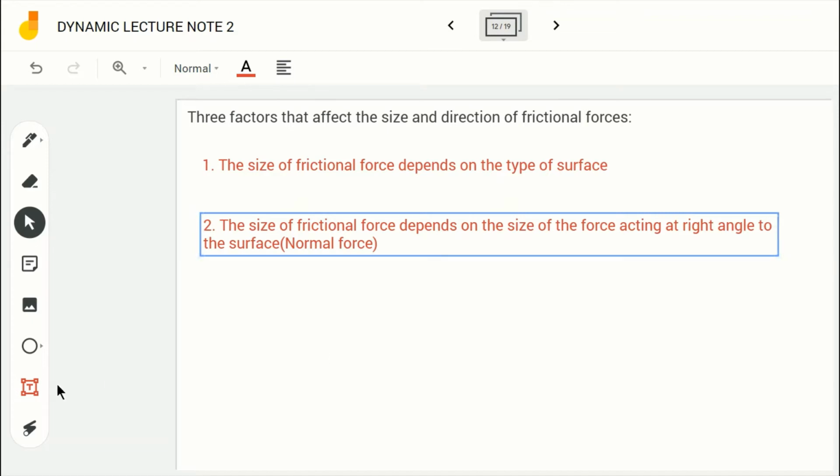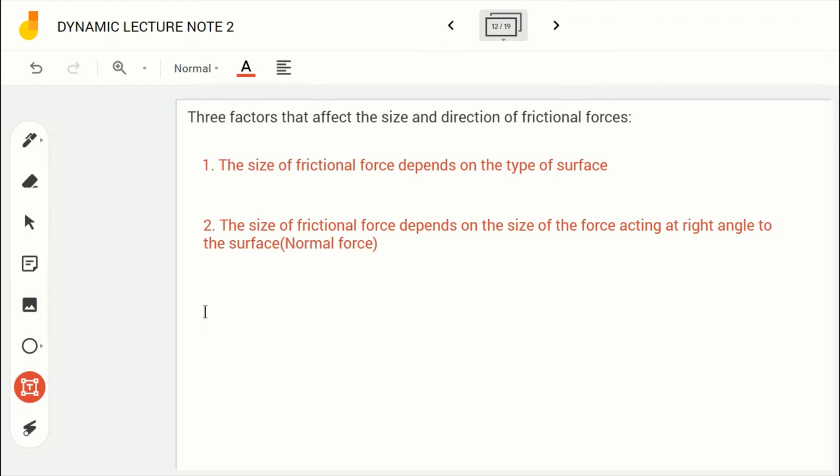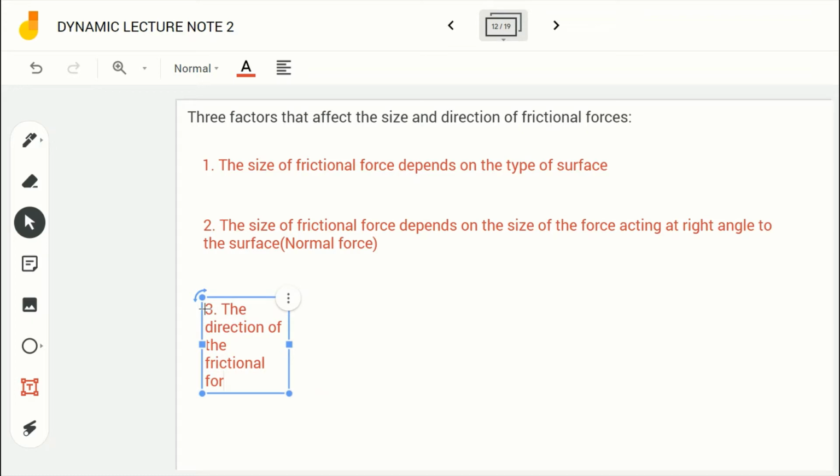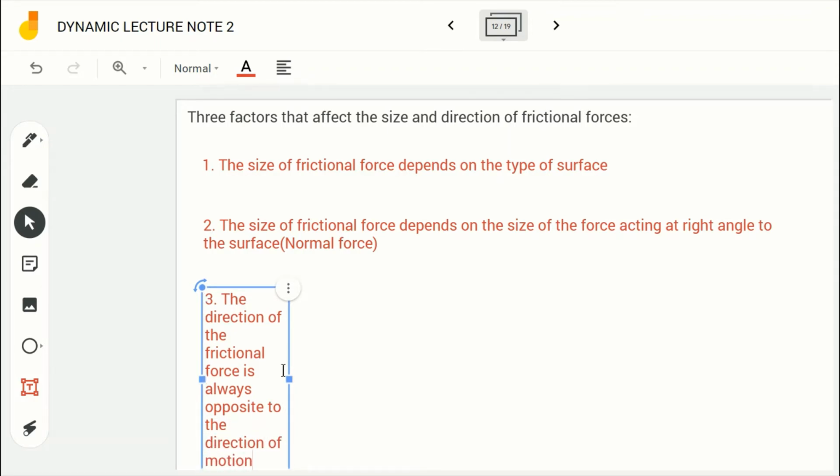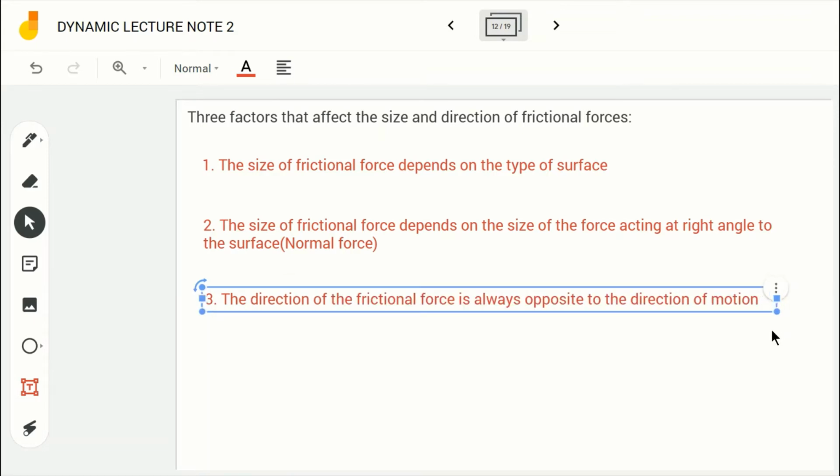And the last factor that affects frictional force is number three: the direction of the frictional force is always opposite to the direction of motion. So these are the three factors that affect the size and direction of frictional force.